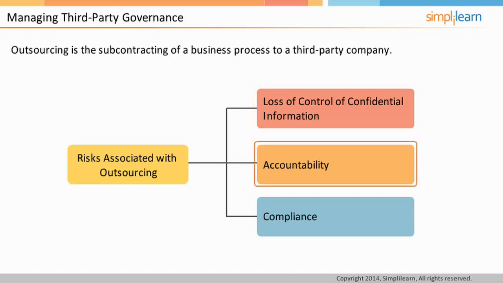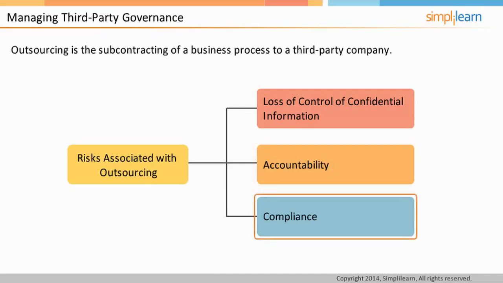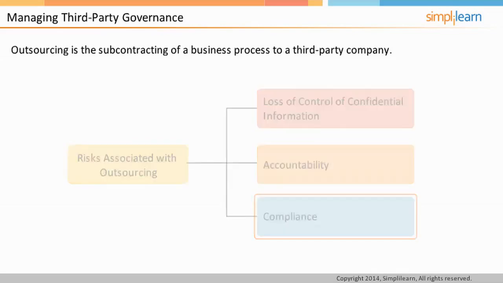Accountability: while the organization has outsourced functions to a third party and is at the complete mercy of the third party's integrity, the organization is still completely accountable for the actions performed by the outsourcer. Compliance: the risks identified can also result in compliance risks. Regulators hold outsourcers accountable and not the third party for ensuring compliance.